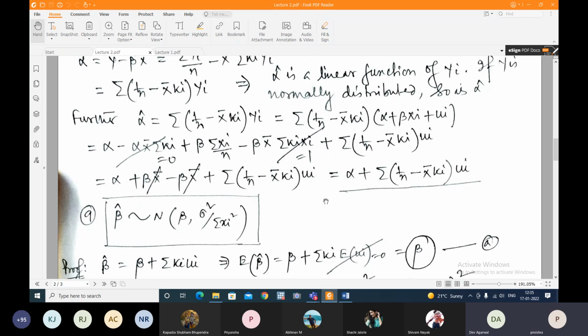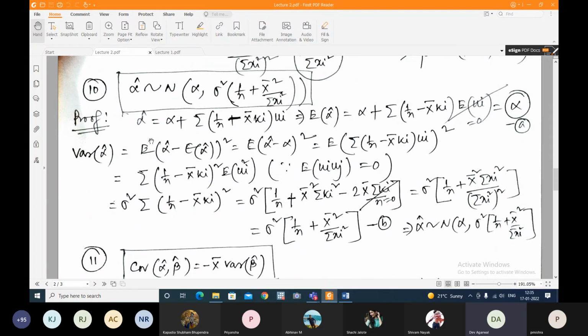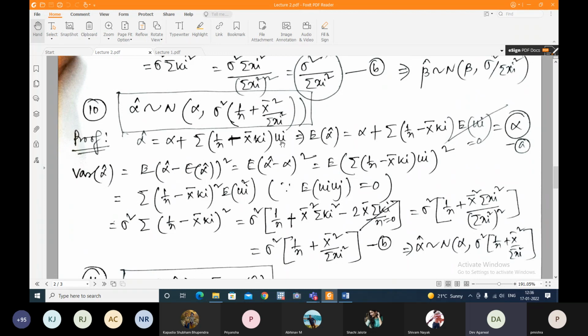And if you take mathematical expectation, you can see here that mathematical expectation of alpha hat is equal to this into mathematical expectation of ui, and by assumption this is equal to 0. So this component is cancelled out. So we are basically getting expectation of alpha hat is equal to alpha. That means mean of alpha hat is equal to alpha.